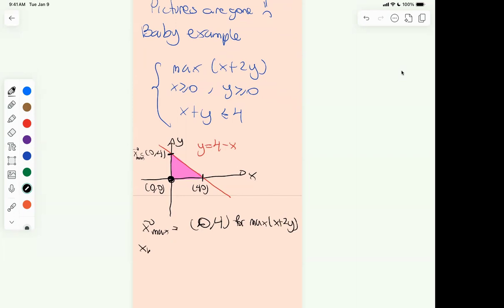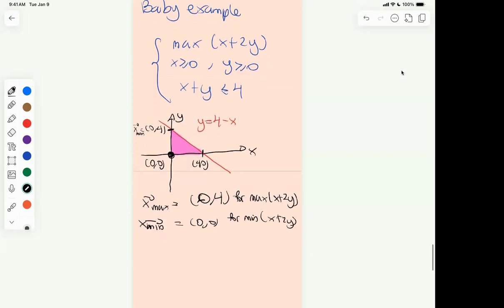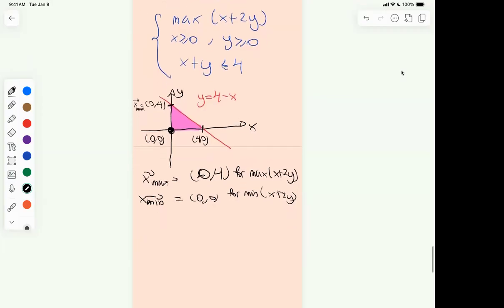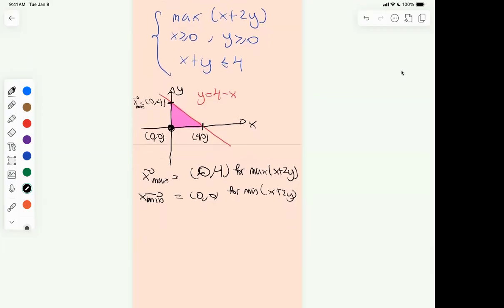And if I had given you a minimization problem, the min of X plus 2Y, then it would have been the origin. The max is more interesting in this case, but the min can also be solved pretty easily.